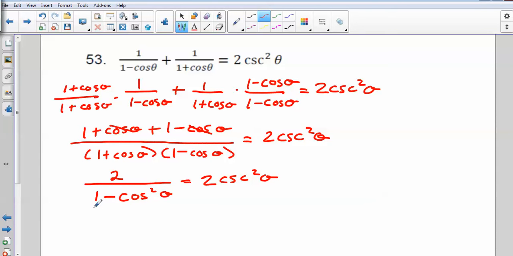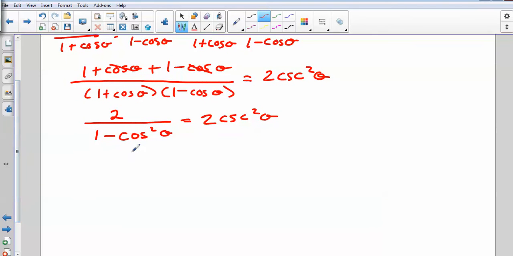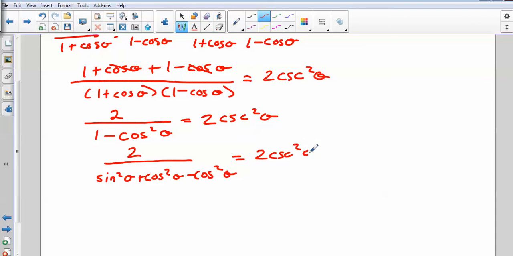One more time, I'm going to do a Pythagorean substitution for the 1. So this 2 comes down. Instead of 1, I write sine squared theta plus cos squared theta. And I still have minus cos squared theta. So those cancel. And I have 2 over sine squared theta.